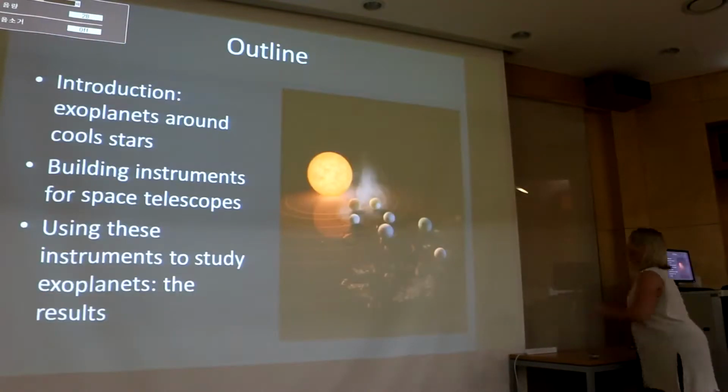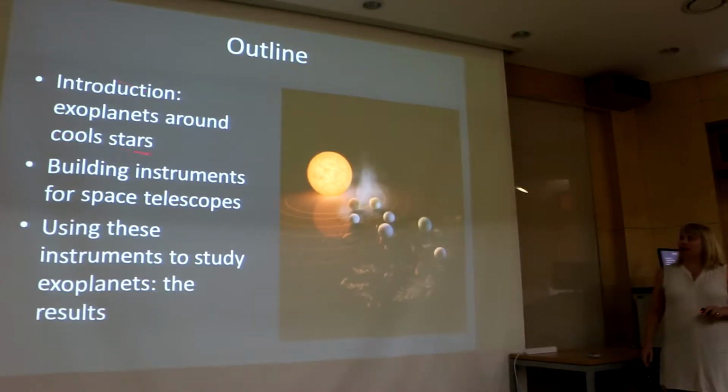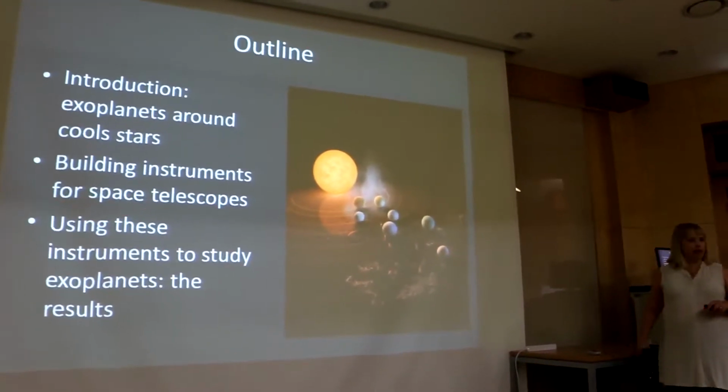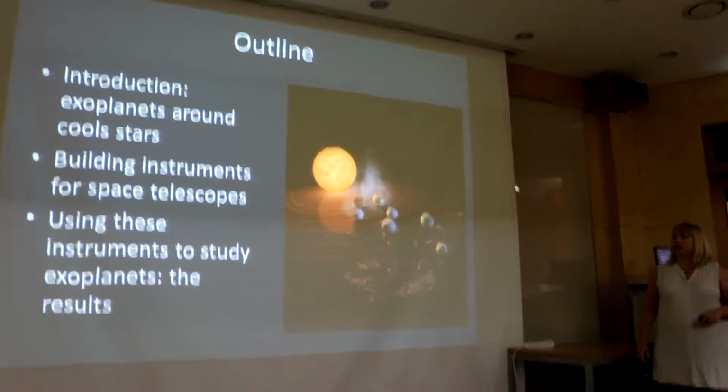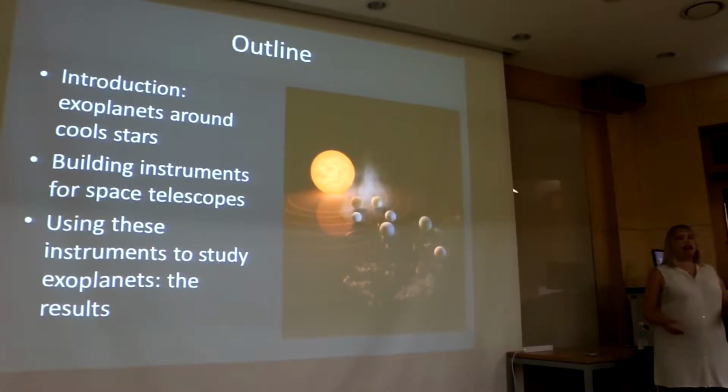So today I will talk about exoplanets around cool stars, and then talk about building the instruments that we need to study those planets, and why we have to build them in space rather than here on the ground, and then show how we can use those instruments to study planets around other stars.